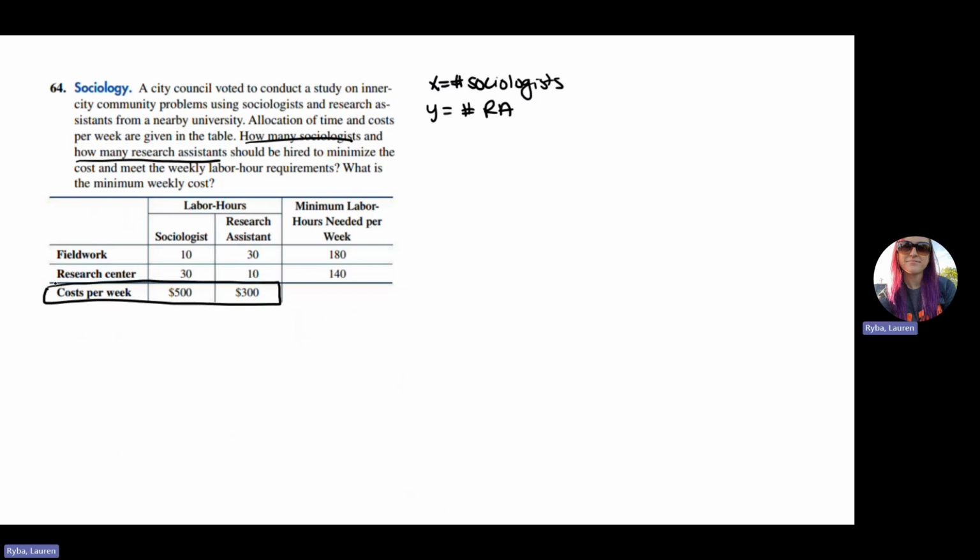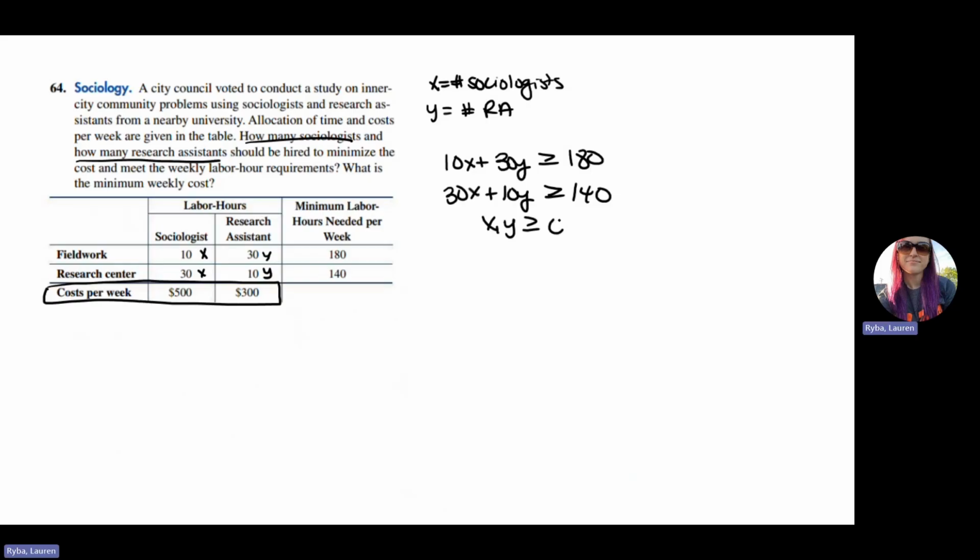Okay, so the cost is down here. I'll use that in a minute. Well, we're first going to create our inequalities. So 10X plus 30Y, I need to reach a minimum of 180, so greater than or equal to 180. 30X plus 10Y greater than or equal to 140.